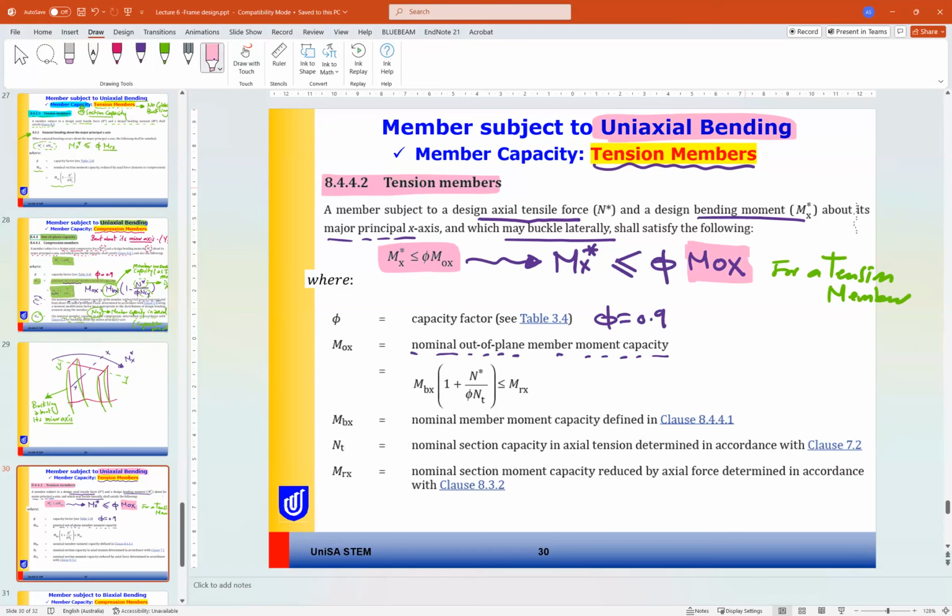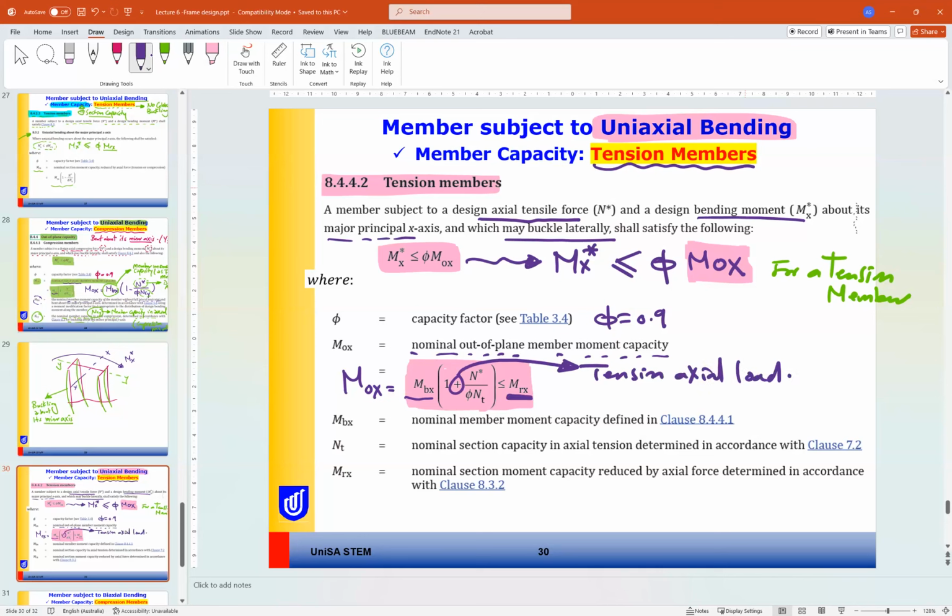Here MOX will be equal to MBX times 1 plus N asterisk over phi NT and should be less than MRX. So here we have plus because the force is tension axial load.